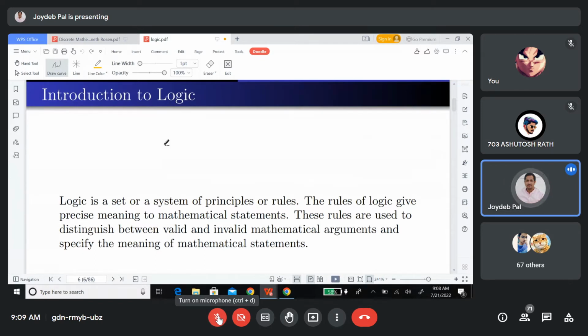So like in algebra, in the logic chapter also there are some rules or principles which we need. What is the need of it? The need of these principles or rules is that we can find the meaning of some mathematical statements.